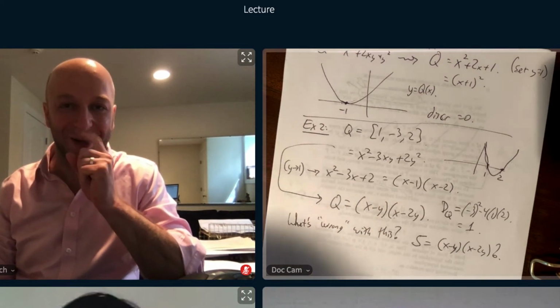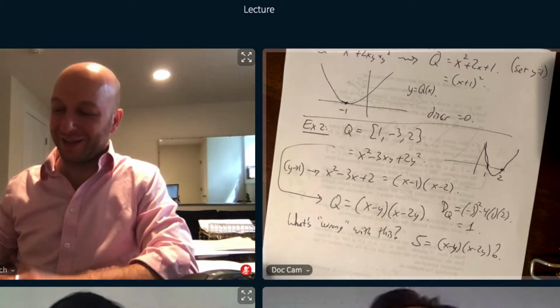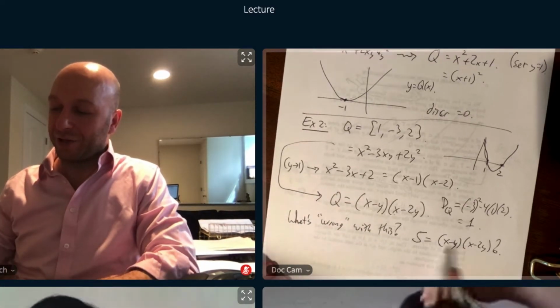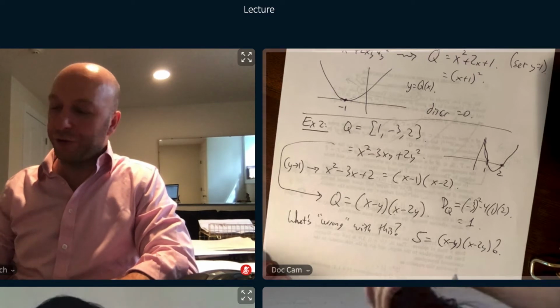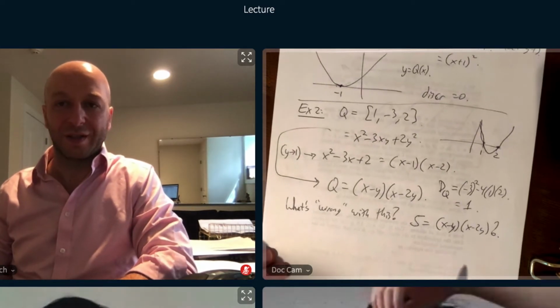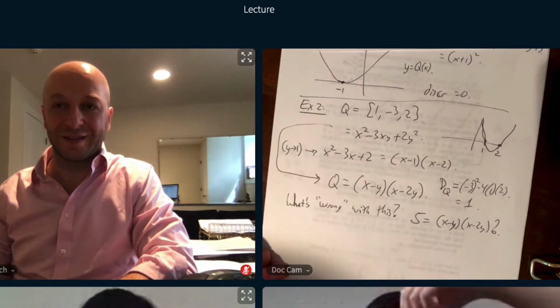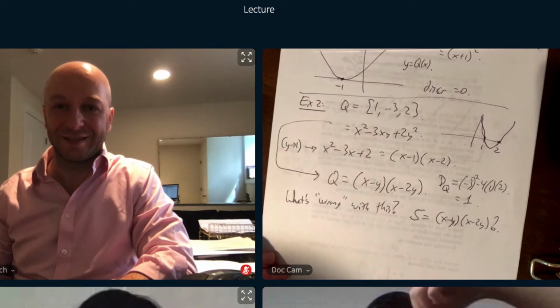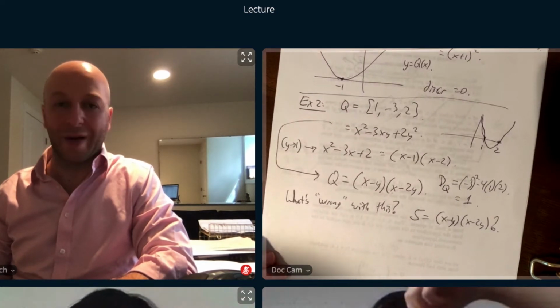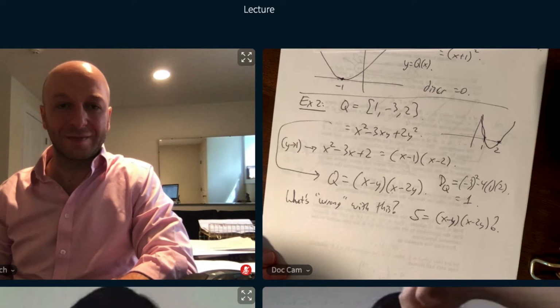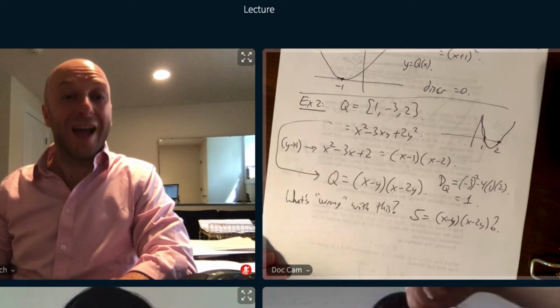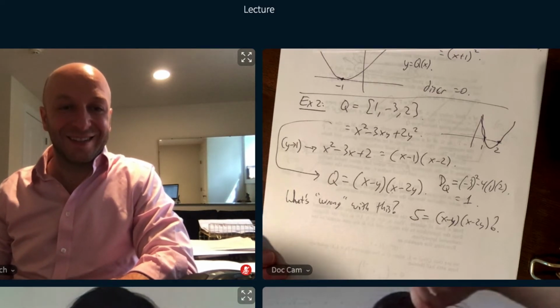You have a good nose for where to go with this. So can anyone think of a solution to this equation? How would you try to solve this equation? Well, what kinds of things are you thinking about? Exactly. Sriya?